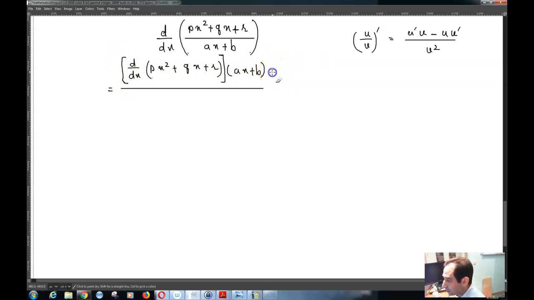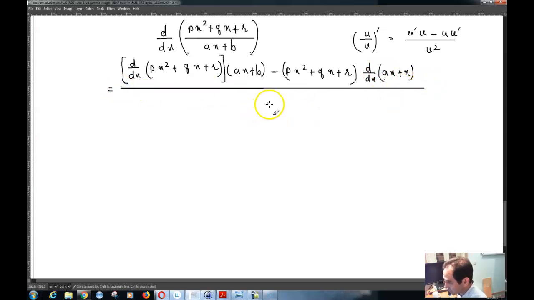And then you have to write basically px squared plus qx plus r times v prime, the derivative, d by dx of ax plus b, over ax plus b whole squared.